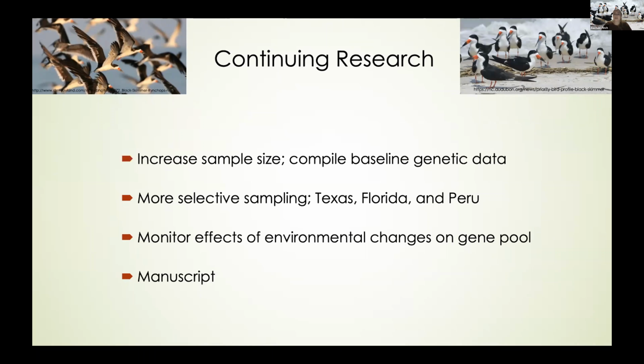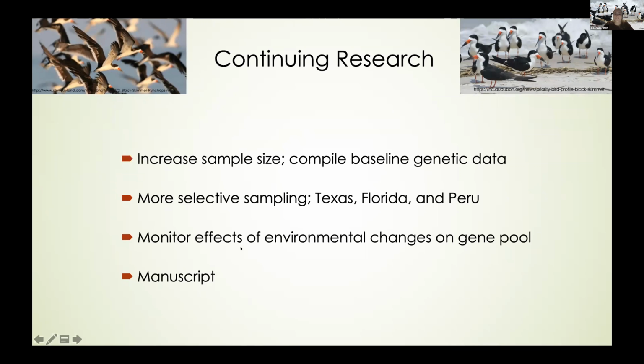And then, as I had mentioned, the Florida population is residential, so we'd like to see if the Florida birds are highly differentiated compared to our other populations in North America. And we're also receiving samples from Peru once they can get here. Peru is considered the Amazonian subspecies of skimmers, which we'd like to compare to the North American and the South American subspecies eventually.